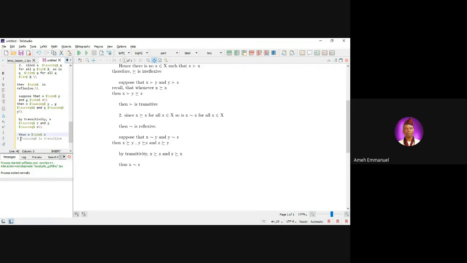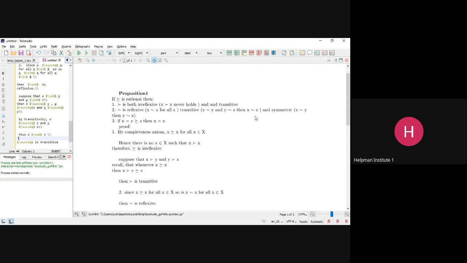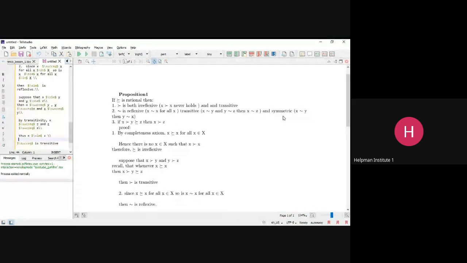And also, I can say that this preference relation is transitive, and I have proved this side completely, and I proved that side completely. So it remains to show that it is symmetric.